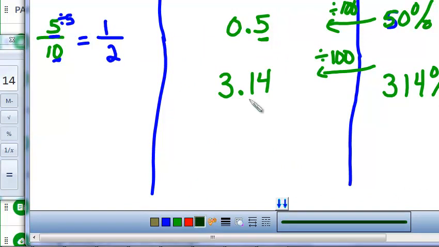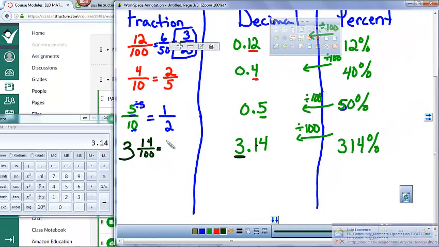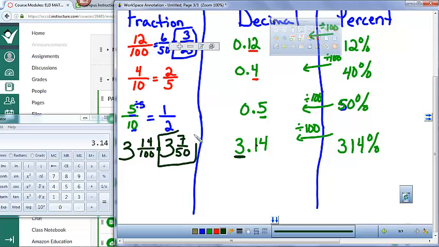Now this one, when we change it to a fraction, remember the 3 is going to be a whole number, so it's 3. And we got to figure out our fraction. So it's 14. It's 2 spots, so it's 100. So we get 3, and then this simplifies to 7 over 50. So we can do that.